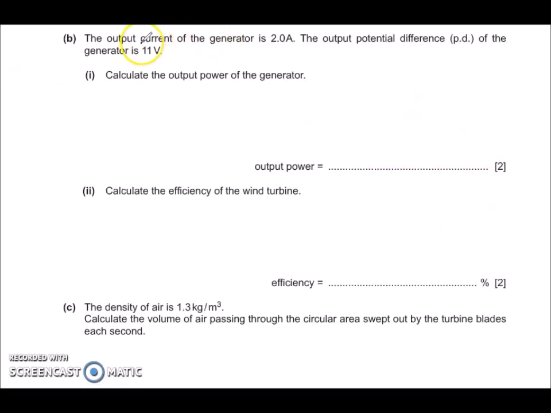Okay, they mention current, output current of the generator is 2 ampere. Output voltage here is 11. Output power. So what's your answer there?